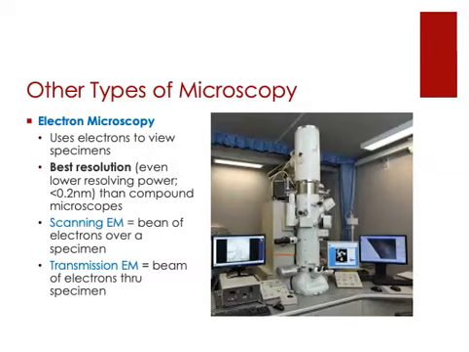In comparison, a fluorescent microscope is going to cost you tens of thousands of dollars. An electron microscope will go anywhere from hundreds of thousands of dollars into the millions of dollars. So you don't find electron microscopes at very many institutions. They're just too expensive.